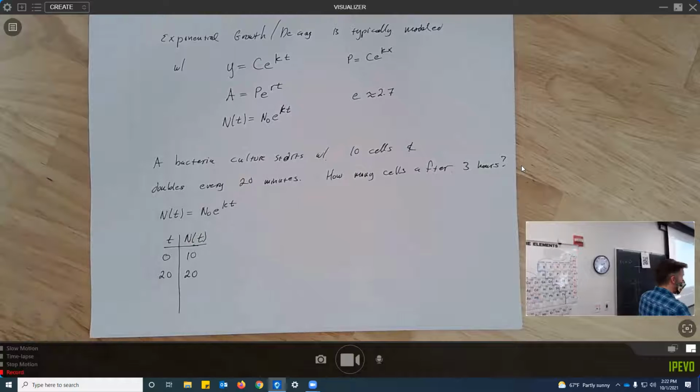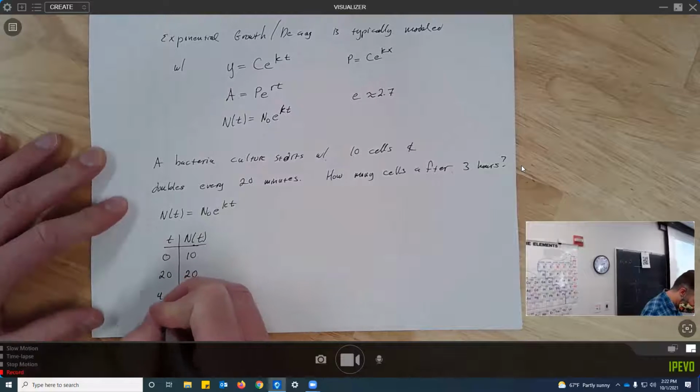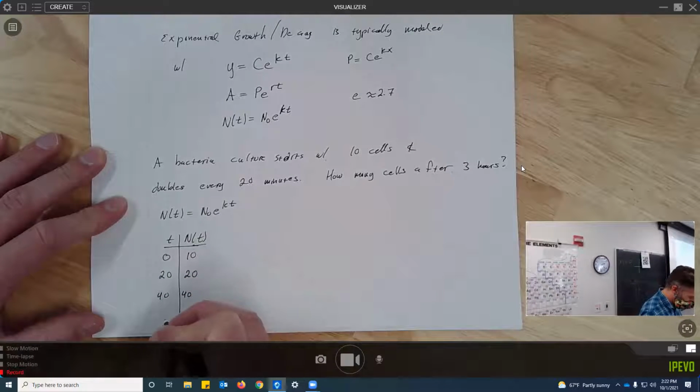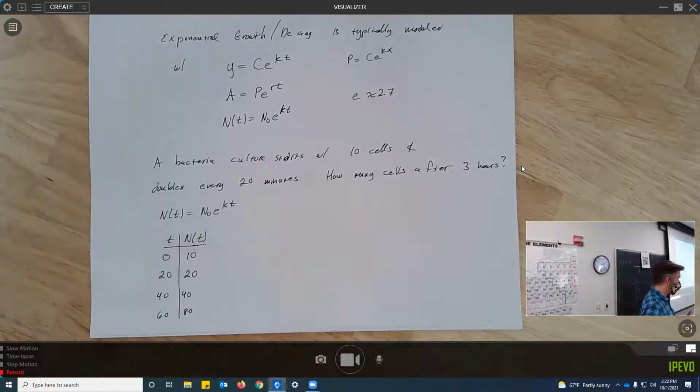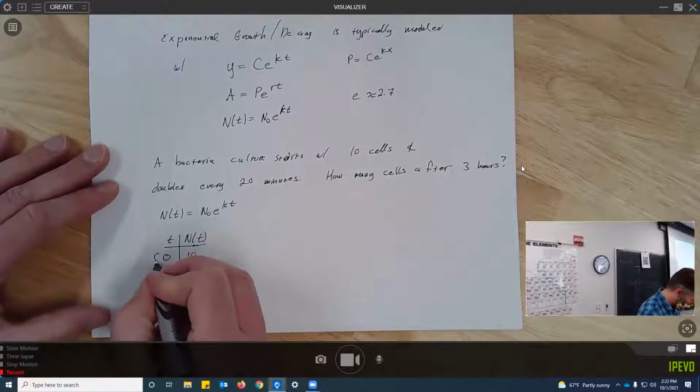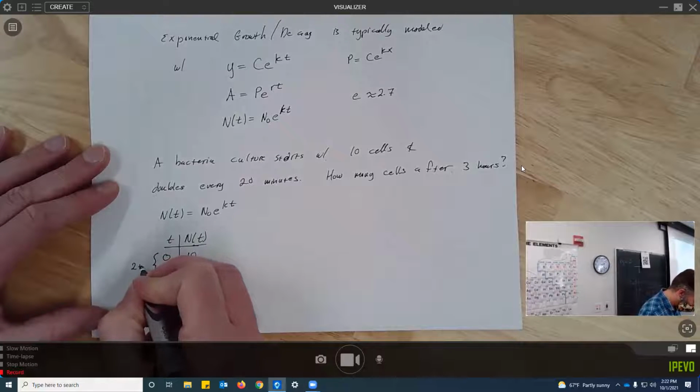Right, exactly. We know that 20 minutes later we'll have double what we had. And we could make a lot of data points if we wanted to. You could say another 20 minutes later, it's going to double again. Another 20 minutes later, it's going to double again. We don't need any of those. We only really ever need 2 data points.